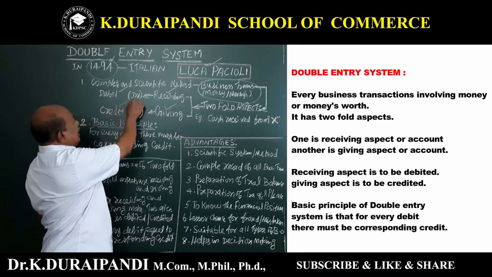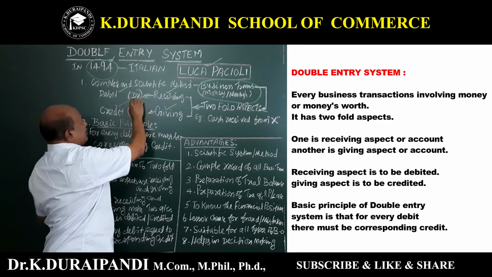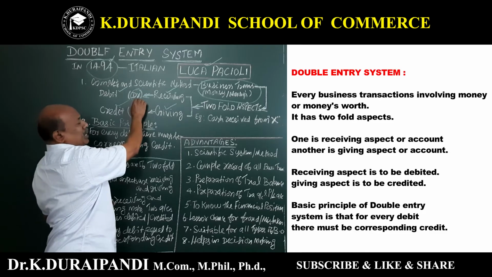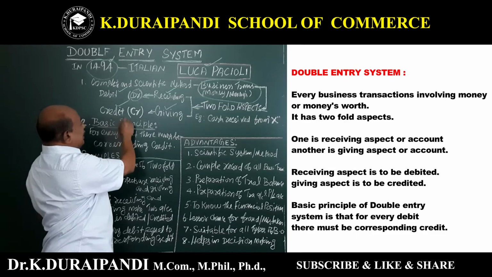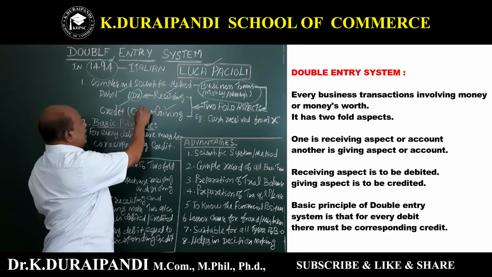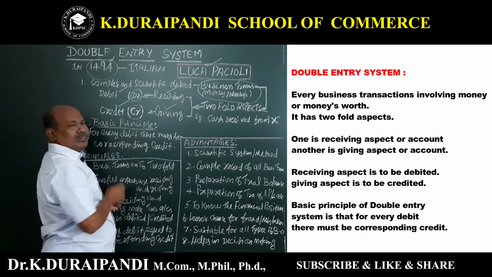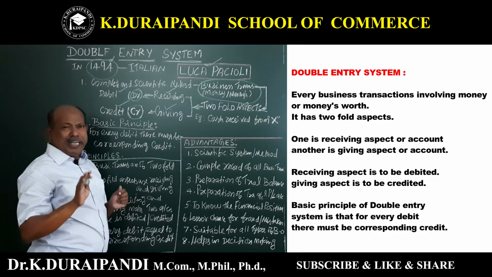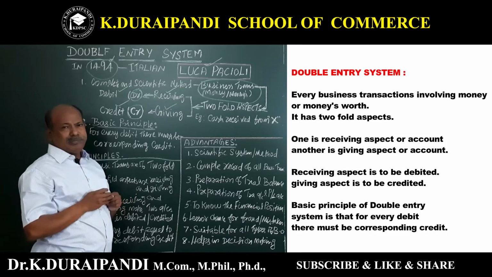The debit is denoted as debtor, that is, you write DR. The credit, we describe as creditor. We write CR. That is the main thing in the double entry bookkeeping system.